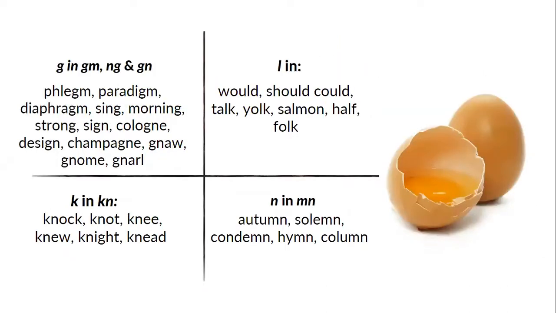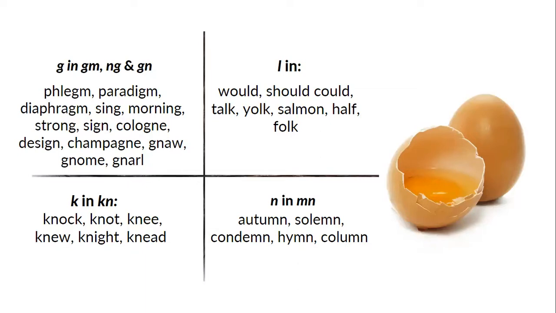Then letter G. Letter G is silent when you have it before M, after N, and before N. So here you have G. In GM you have phlegm, paradigm, diaphragm. When you have NG in a word, especially at the end, you'll have the sound. So you wouldn't say ng-g.